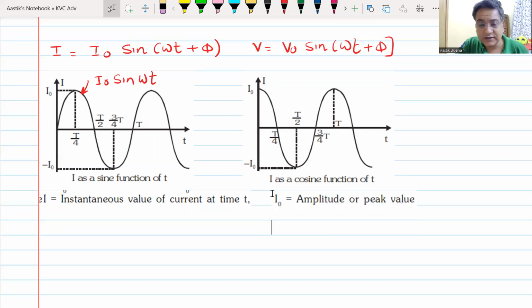I naught is the amplitude or the maximum value or the peak value of current. What is the maximum value of current or the peak value of current or the amplitude of current that is possible? Do we understand this? Yes, sir.